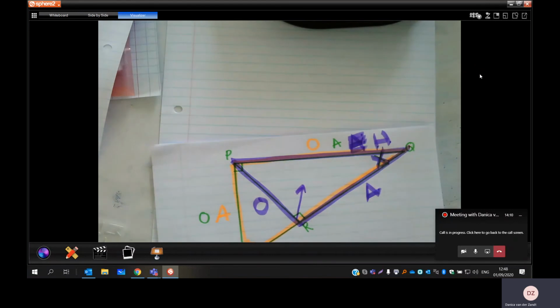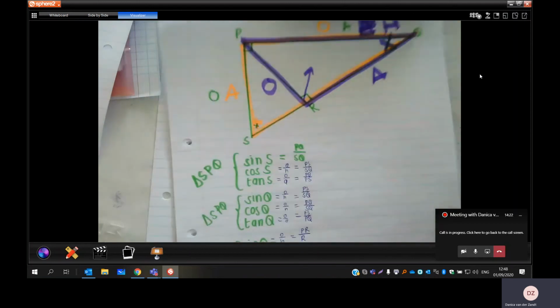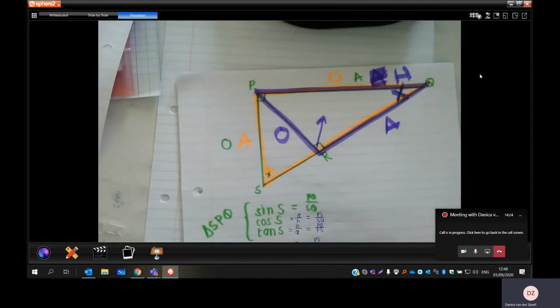Opposite the 90 degrees. You see how changing the triangle actually changed everything. It's actually good that I made that mistake, so now you know never to make that mistake. So my hypotenuse is PQ. My adjacent is RQ.